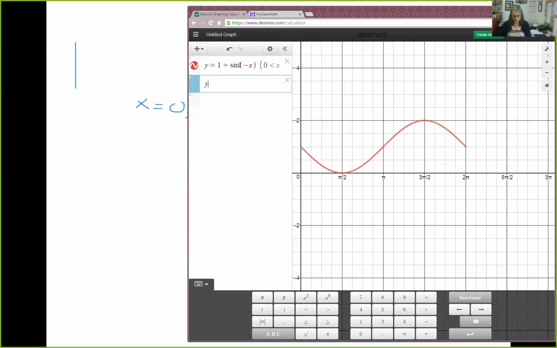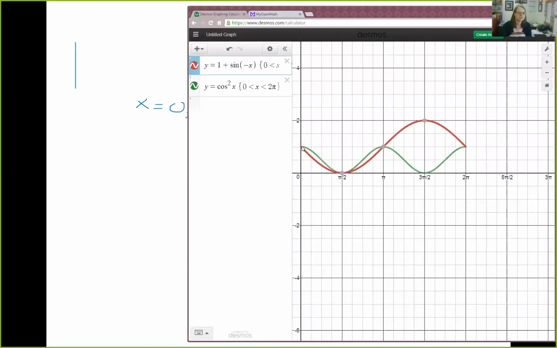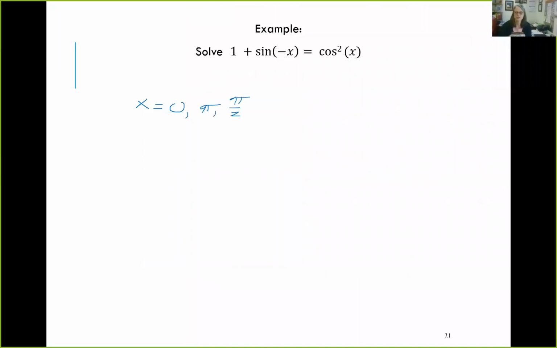And the right-hand side on the other line. And let's see what we get. Well, we've got an intersection here at 0, and at pi over 2, and at pi, whoops, and there's one more right out here at 2 pi, so we should put that in as well.